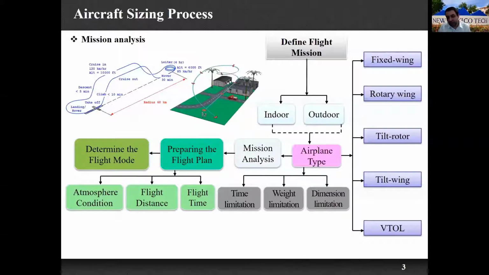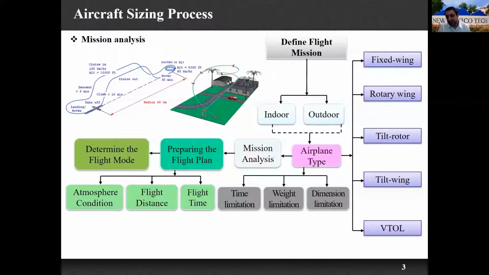So we need to design the airplane type. For example, fixed wing, rotary wing, tilt rotor, tilt wing, vertical takeoff and landing, flapping wing, or multi-rotors. There are varieties of drone configurations that we talked about earlier. Based on the environment they're flying in, we can select the appropriate concept or configuration for our drone.